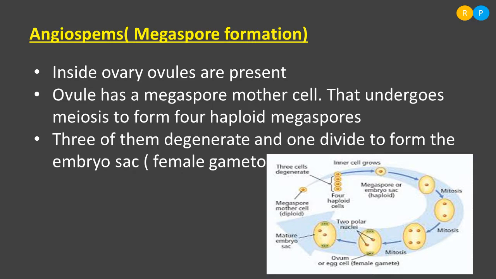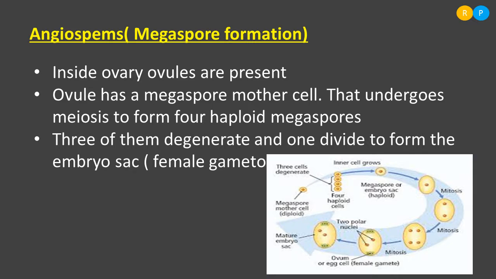In order to become a mature embryo sac, that megaspore undergoes repeated mitotic division of the nucleus. 3 times the division of the nucleus takes place within the megaspore.